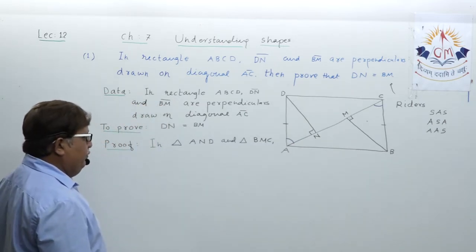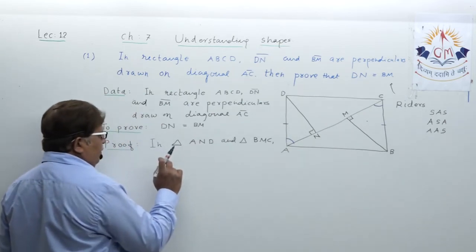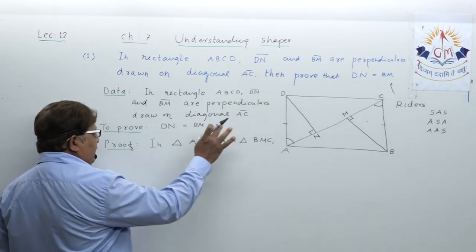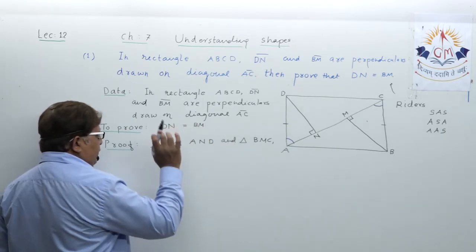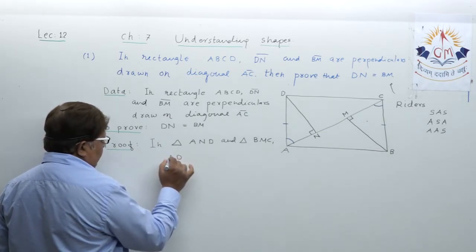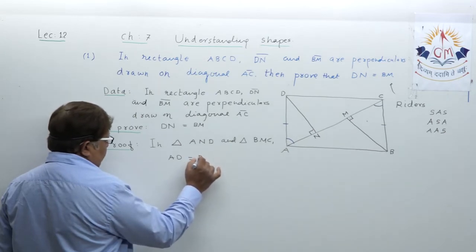Let us, dear student, represent all what we have conceptualized and understood in the diagram. Let me write first AD equal to BC.